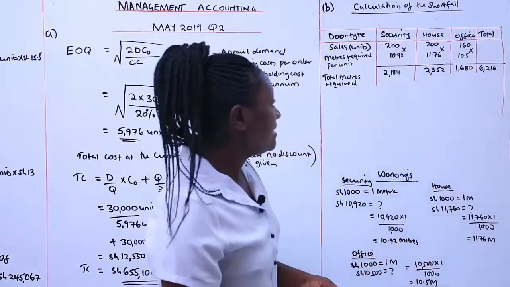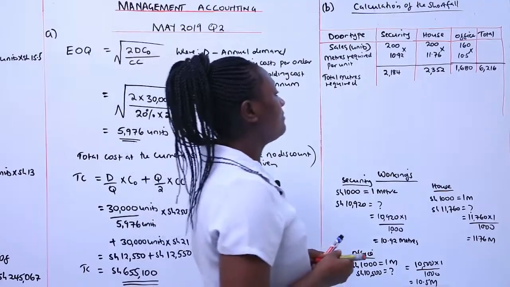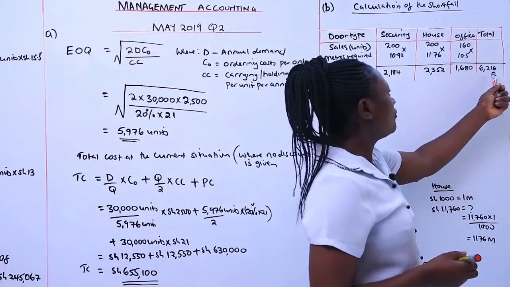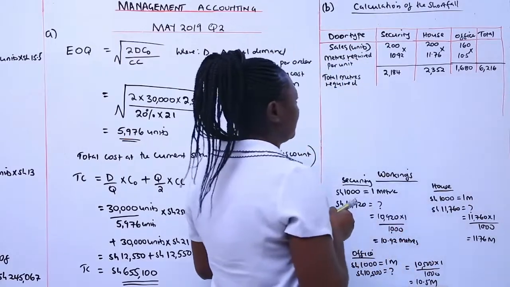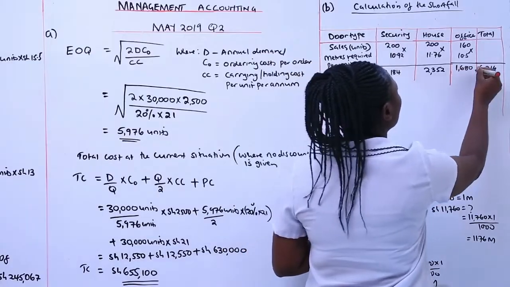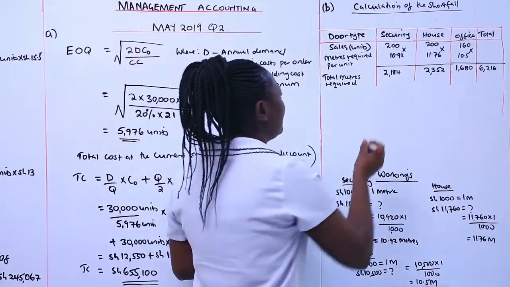So it means that if this farm is to produce all the 3 types of doors, then it requires 6,216 meters.